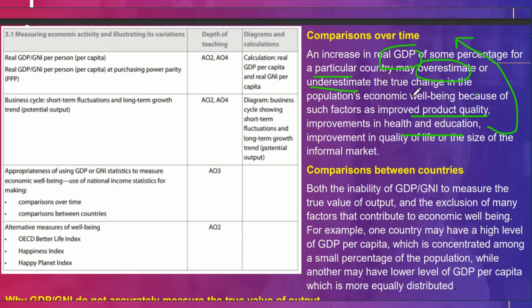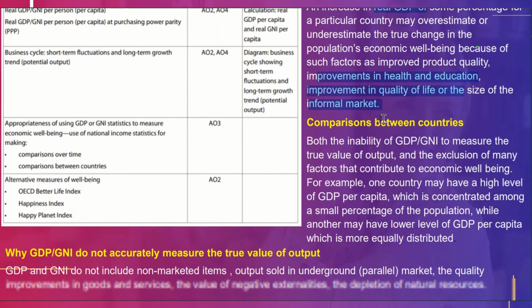So the true changes in the population's economic well-being are affected by such factors: improved product quality, health and education, improvement in quality of life, and the size of the informal market. So many factors are affecting it. Right? We cannot definitely say that real GDP is the right or good measure.